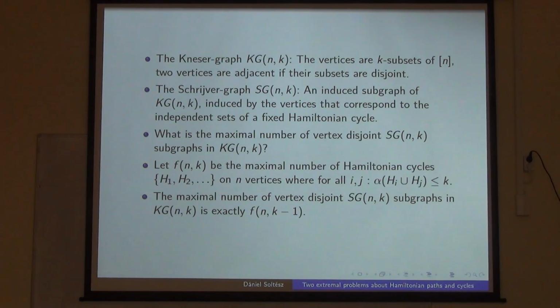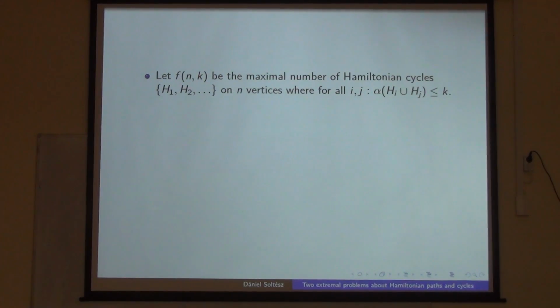So let's keep the definition. And we will see in a minute that in all the interesting cases, k is a linear function of n. So instead of f(n,k), we will study f(n,cn).